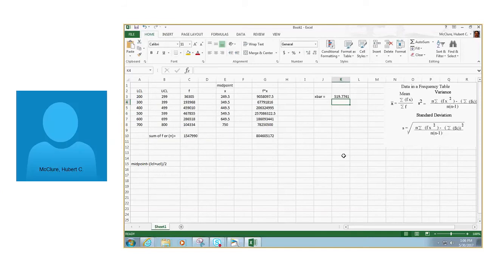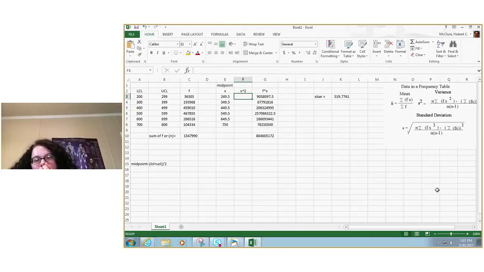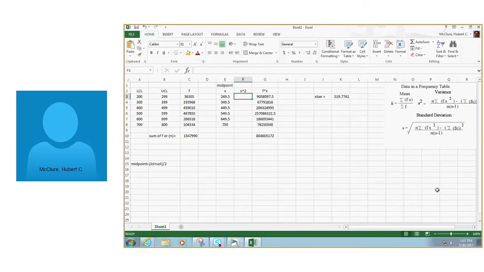We don't have a column for one thing. And what is that? No, we got N right here. Not F, but X what? So we got to make a column for X squared. We'll go right here and make a column for X squared. All right, I want everybody to do that one. Take X and square it.